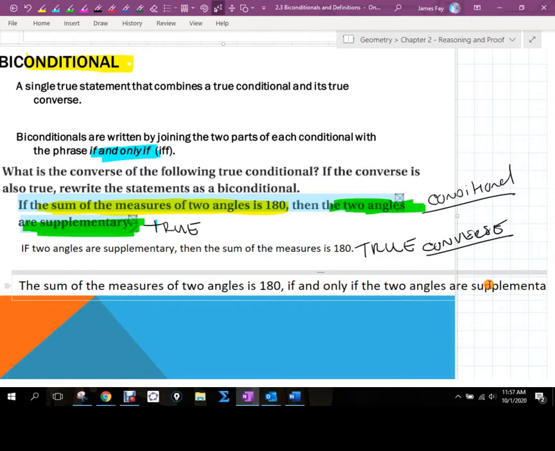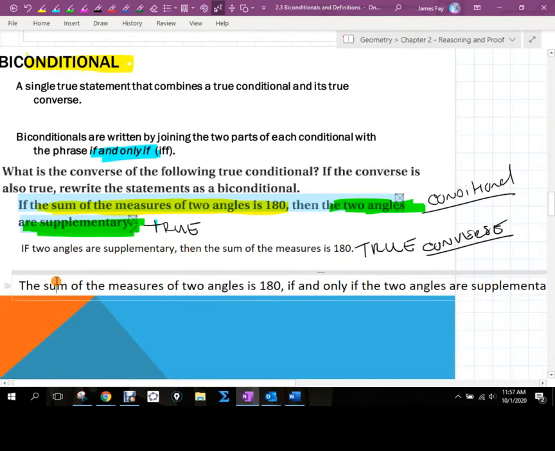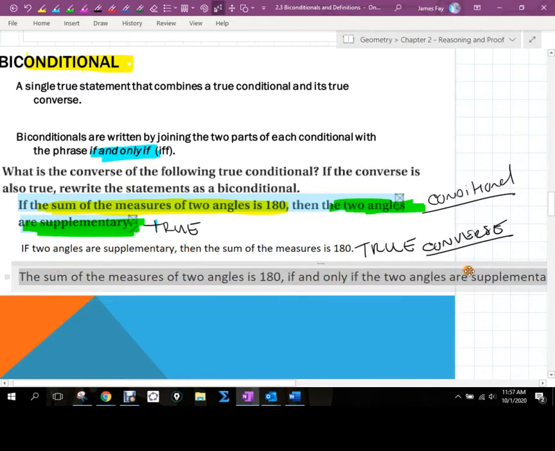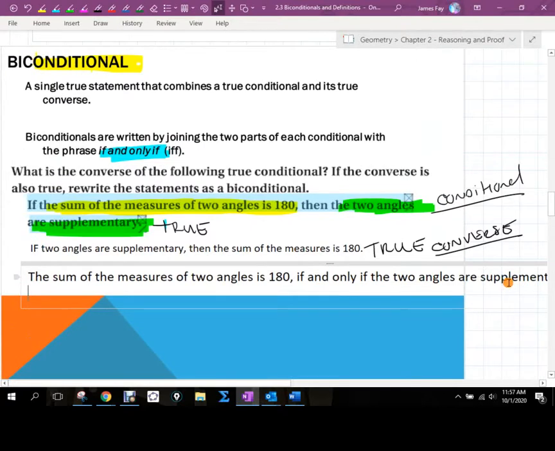If you wanted to write the biconditional using this statement here, it would look like, let's see here. We would take the word if out and write two angles are supplementary if and only if the sum of measures is 180.